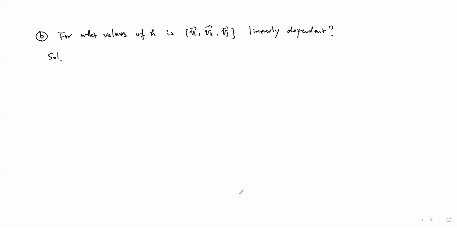A set is a linearly dependent set. What does that mean? Go back to the definition. To answer this question, we need to solve this vector equation. This is the definition. If the vector equation has a non-trivial solution, then the set is linearly dependent.